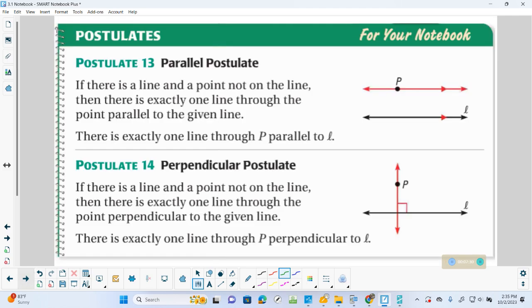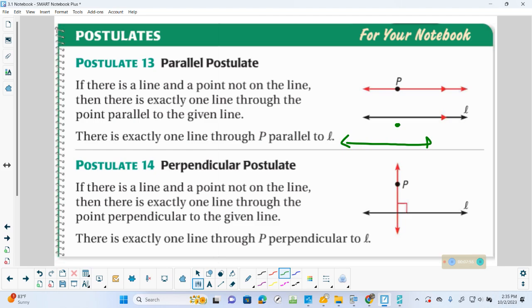All right, more vocabulary and whatnot here. Now, parallel postulate, perpendicular postulate. These are something crazy wordy for something that to me is super obvious. So basically, if I make a line and I draw a point anywhere, there's only one way I could draw a line so they're parallel. Because if I slanted it too much, it won't run parallel.